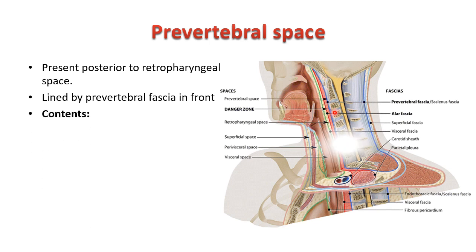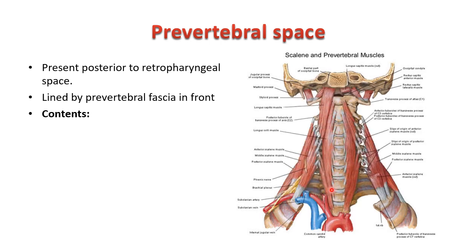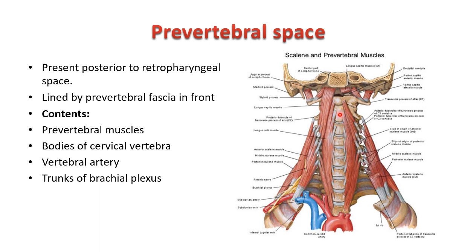The contents mainly are the prevertebral muscles, mainly your longus colli muscle, bodies of the vertebra, intervertebral discs, and your vertebral artery. All these form the content of this prevertebral space. Pathology mainly arises from tumors of these vertebrae. Of course, the trunks of the brachial plexus and the phrenic nerve are also contents of this space.